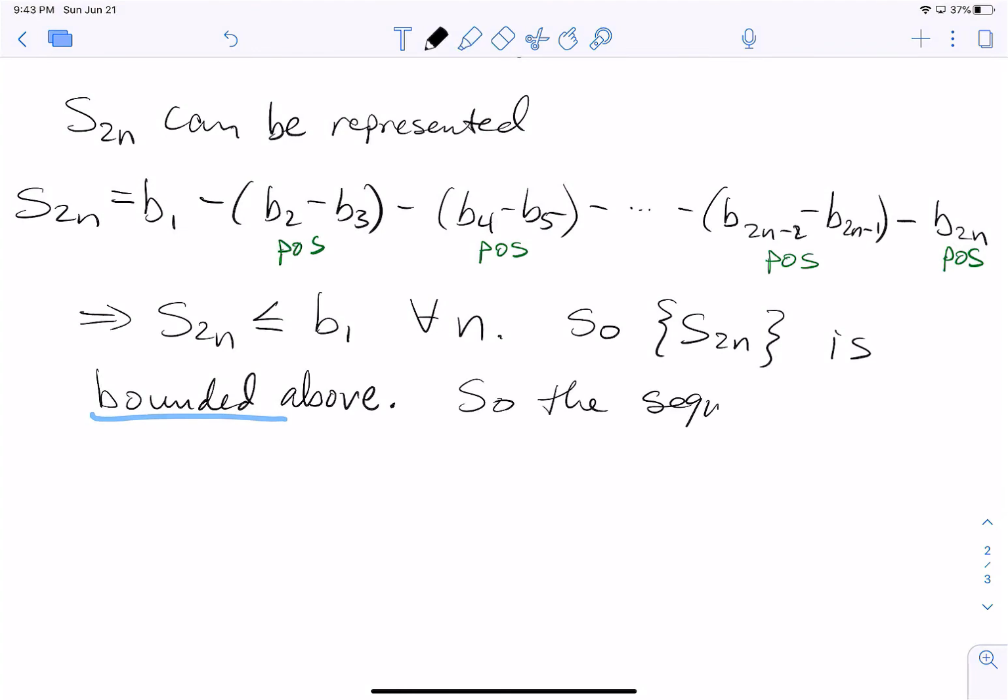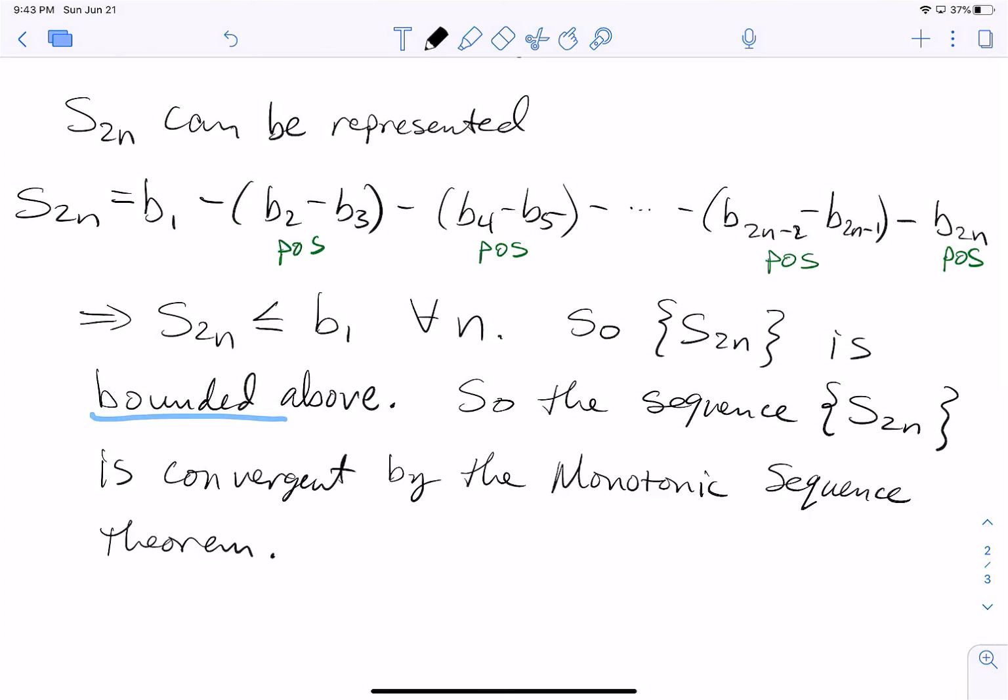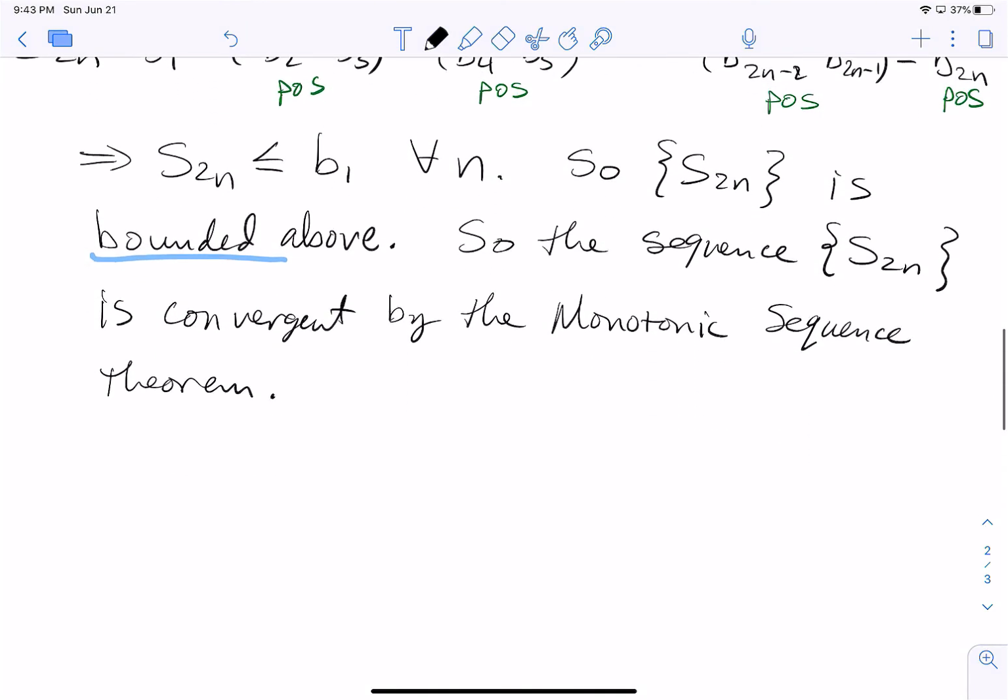So the sequence of even sums s_2n is convergent by the monotonic sequence theorem. We're sure getting a lot of mileage out of that theorem.